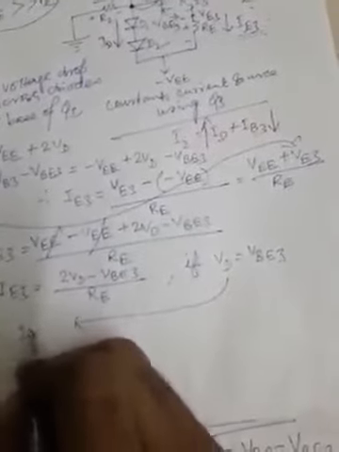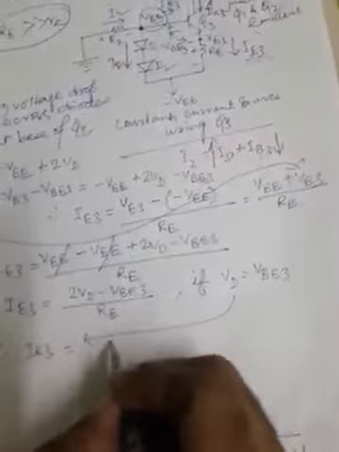If this happens to be so, IE3 should be written as VD by RE. Okay, so that means the DC emitter current for this constant current source using Q3 is dependent on the individual diode drop VD and the emitter resistance RE.